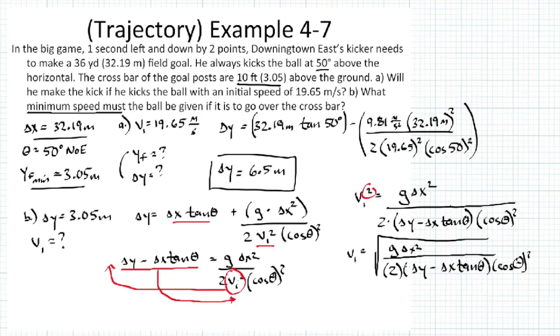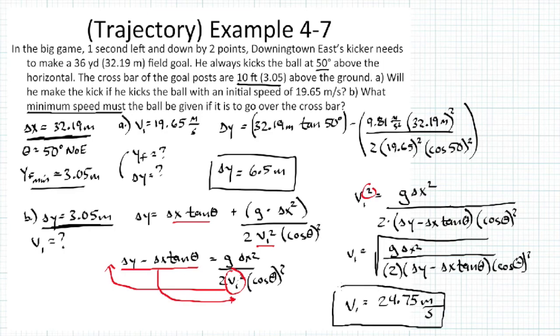If we plug in our values, all of which we know, the minimum initial velocity in order to get this ball to be at 3.05 meters when it has moved 32.19 meters horizontally will come out to be, if we plug it all in correctly, 24.75 meters per second. That's our initial minimum velocity if we set that height to be the bare minimum 3.05 meters to cross the crossbar.